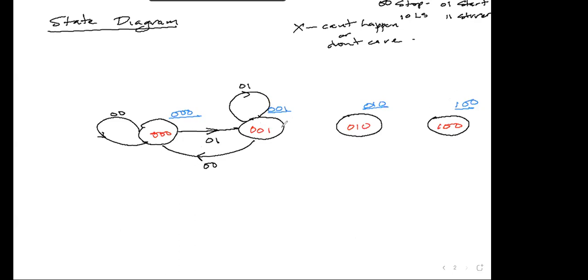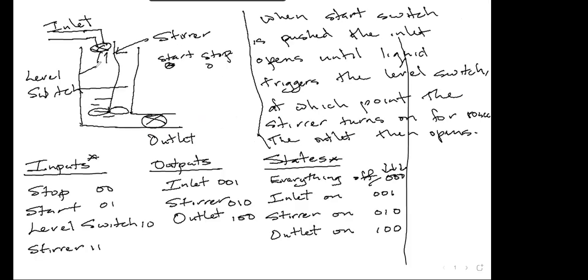What happens if the inlet is on and the level switch is triggered? Stop. All right, remember the diagram now, if we go back to the diagram. The inlet is on, it runs and reaches up to the level switch. What happened when it reached the level switch? It's all going to stop, sir.